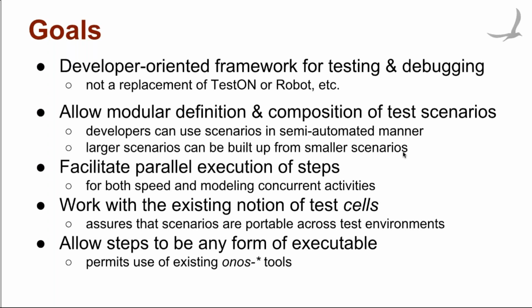You can define sequences that can be cloned to work in parallel across different strands. It's not a replacement for scripting or for other execution. It basically just stitches existing tools together into this process flow. It's basically a graph, and it coordinates the execution of that graph. That's built around the existing use of ONOS tools or other tools.